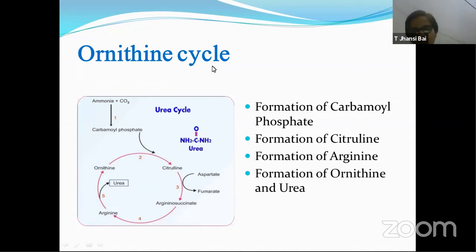The ornithine cycle goes on in the liver. It is also called the urea cycle, and it is also called the Henseleit-Krebs cycle.